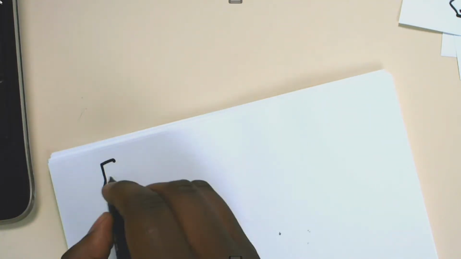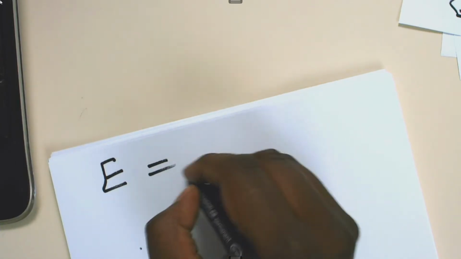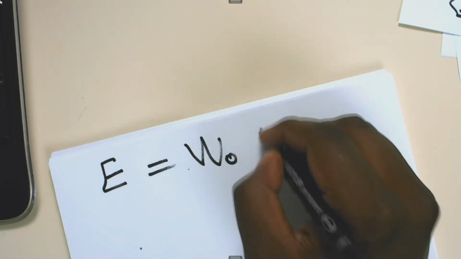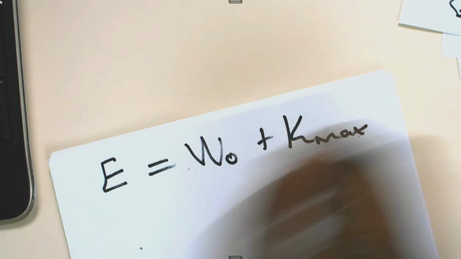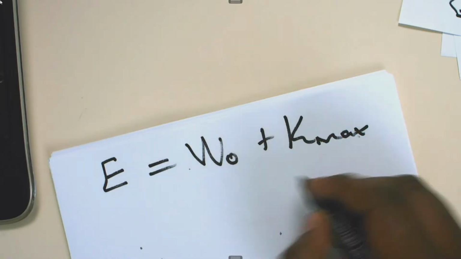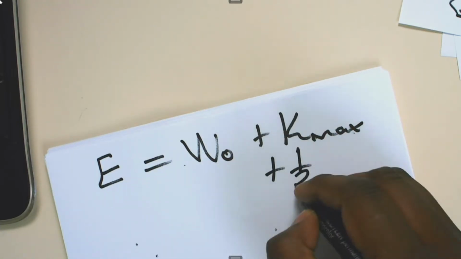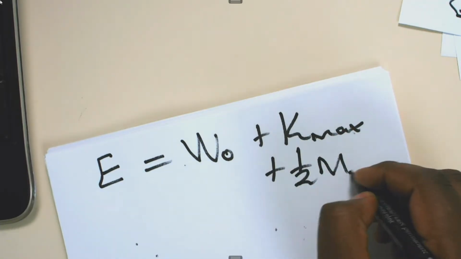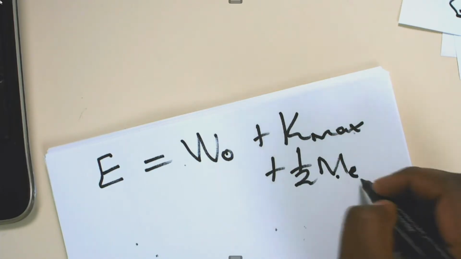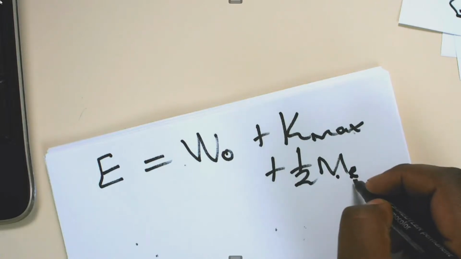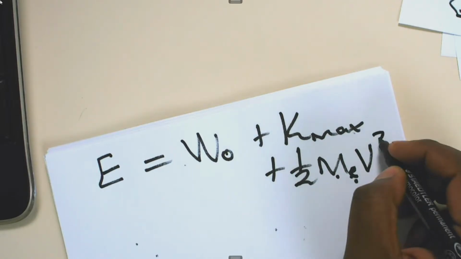Now, when you have the kinetic energy there, we'll have E is equal to work function plus kinetic energy maximum. But we know that kinetic energy is given by half m, and because we are dealing with photoelectrons here, m is the mass of an electron, multiplied by speed squared.